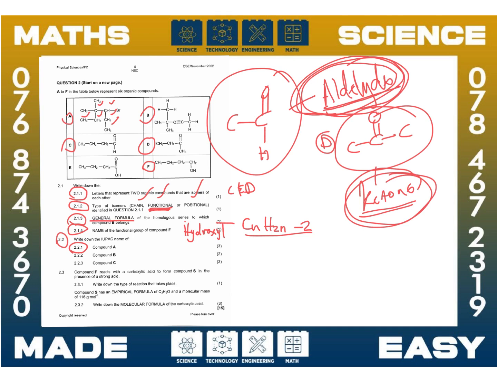That means once you are required to name, it's better to start by pulling out what is there on the chain. Like for instance, on position number 3, we have the bromine. So I'll just say bromo on position number 3, and on position number 4. Remember, it's 1, 2, 3, 4.